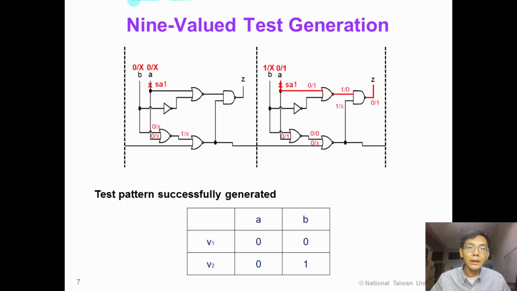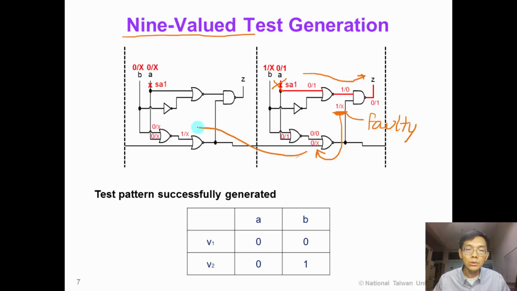Now let's apply the new 9-value logic for test generation. Suppose we want to propagate this fault to the output Z. The side input would be 1X. Please note that the faulty circuit can be unknown. If this is 1X, then this would be 0X.